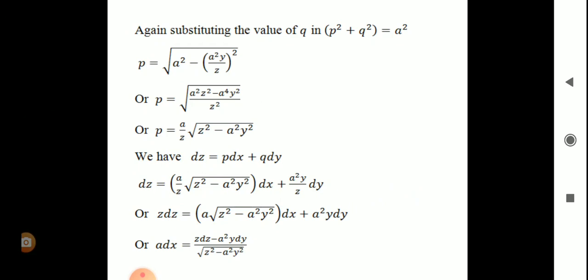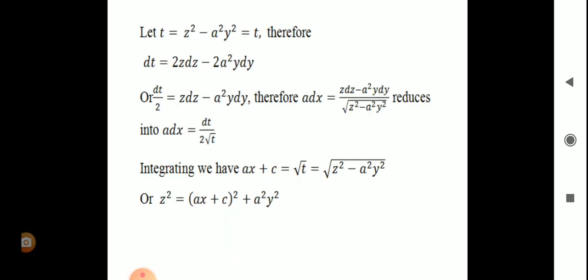Now, solving that, we obtain a dx is equal to (z dz minus a square y dy) upon root of (z square minus a square y square). Let t be equal to z square minus a square y square.